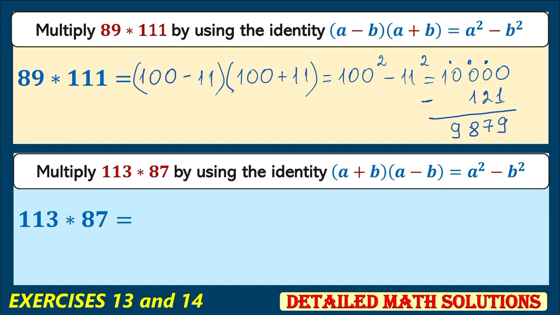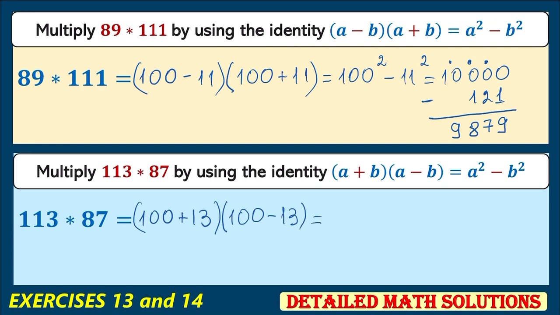Next exercise, multiply 113 and 87 by using the identity. To use the identity, I'm going to write the number 113 as 100 plus 13, and then the number 87 as 100 minus 13.